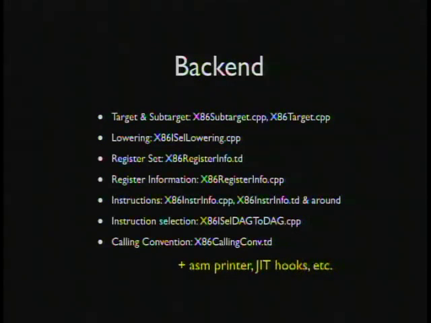Another place is the description of the register sets and register information. And then we have a description of instructions. Note that these files also have some TableGen descriptions. Also, we have a separate class to help the instruction selection. We have the calling convention description in the TableGen files. Also different things for assembler printing, JIT emission, and many other things.